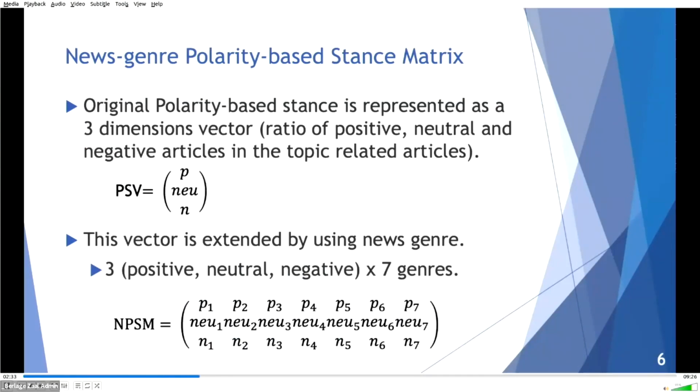The original polarity-based stance is represented as a 3-dimension vector using the ratio of positive, neutral, and negative articles in the topic-related articles. This vector is extended by using news genre. Since we have 7 genres and 3 stances, positive, neutral, and negative, we have a 3 by 7 matrix for representing news genre polarity-based stance.